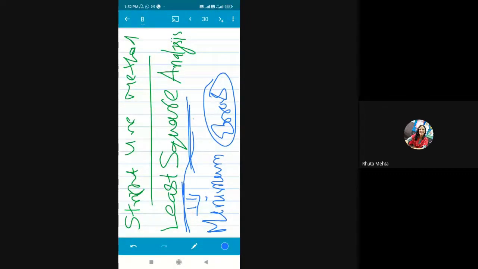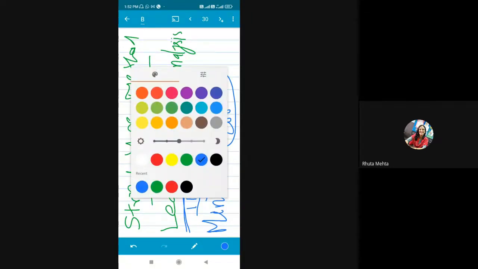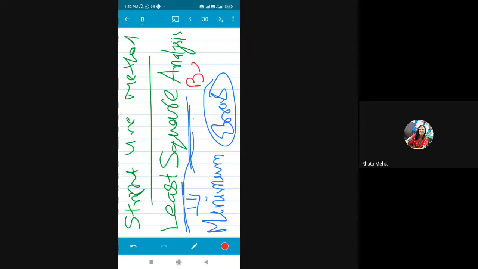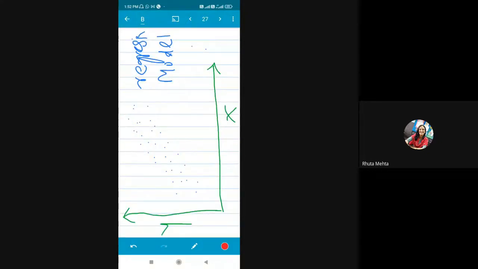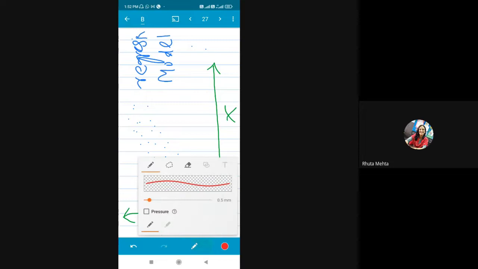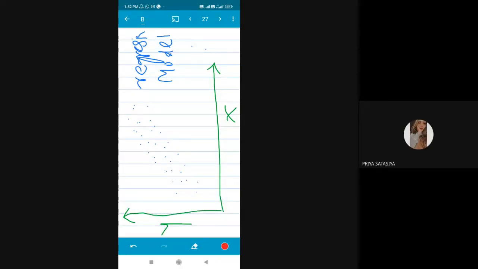So I try to make the line best fitted. I know that you might be confused with whatever I'm saying. Let me explain again. The screen is visible to you, where X and Y are there and blue dots are scattered.